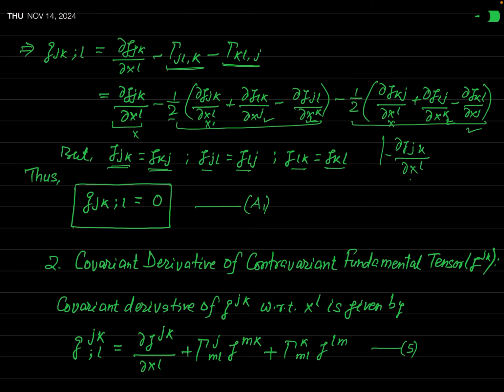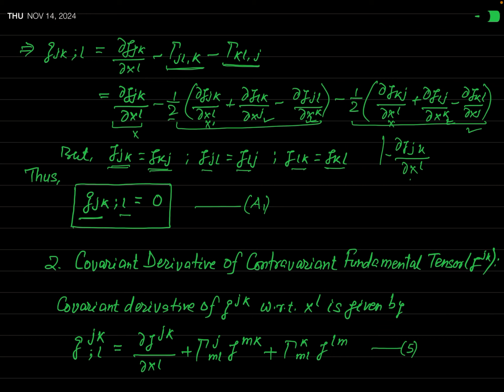In fact, all the terms in the RHS will cancel one another, and finally you can say that GJK semicolon L, which means the covariant derivative of the fundamental tensor GJK with respect to XL, is equal to 0.